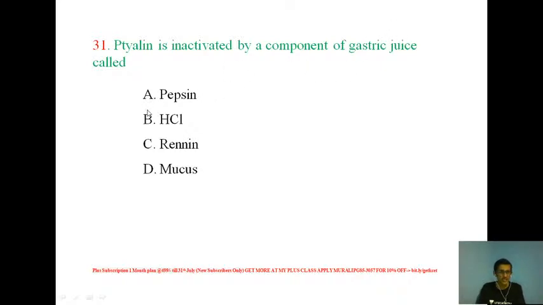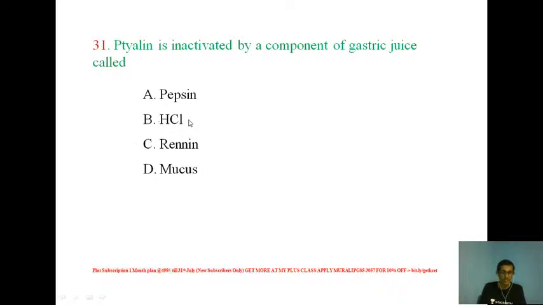So here the answer is B. Ptyalin is inactivated by a component of gastric juice. It is HCl, isn't it? But what is ptyalin? It is the alternate term for salivary amylase. Ptyalin is nothing but an alternate term for salivary amylase.